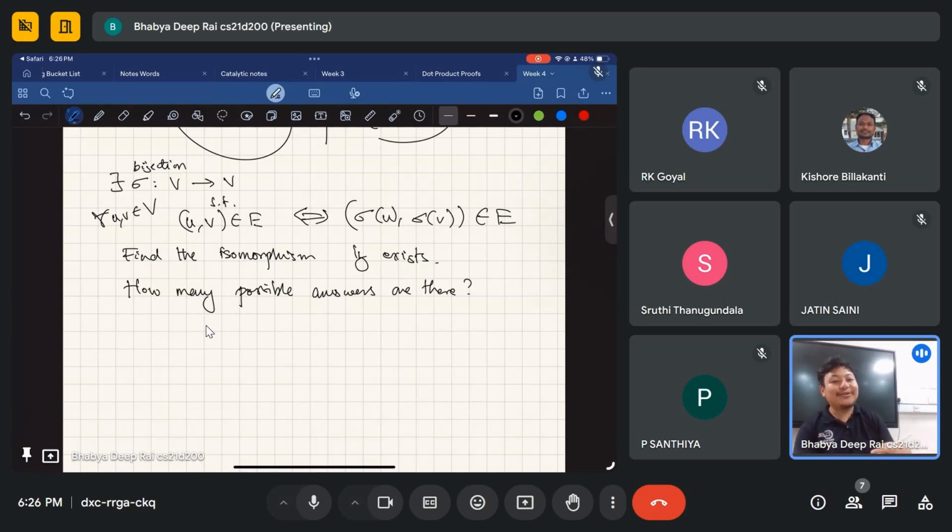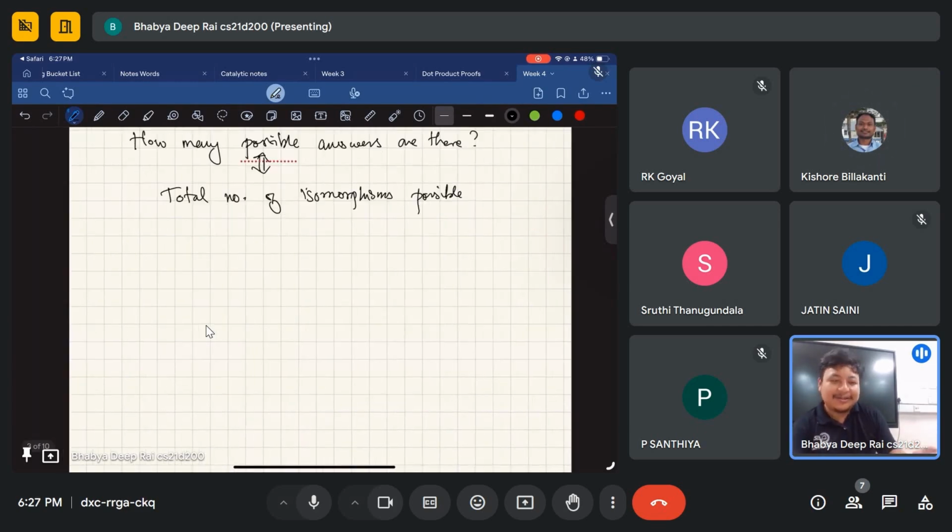Well, that should be equal to the total number of isomorphisms possible, the number of outputs possible.